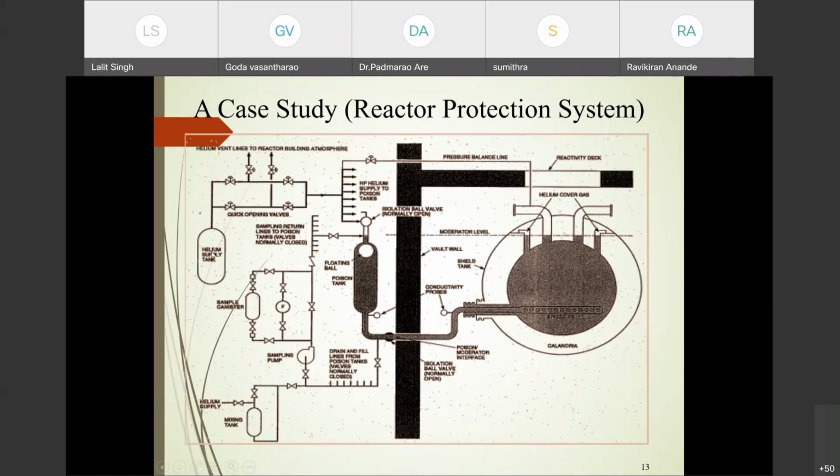Definitely the helium pressure would not have passed to pressurize the floating ball, and my power would have risen up exponentially, and it may lead to fuel failure, from which the radioactivity can be released or can be exposed to the public, if some more barriers of the safety systems are breached.